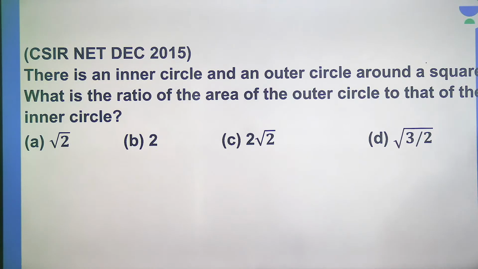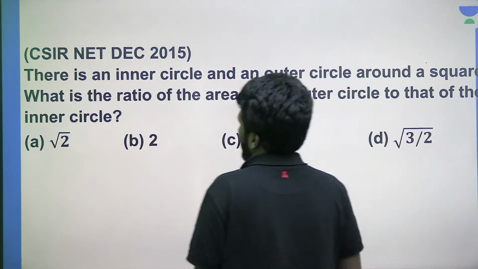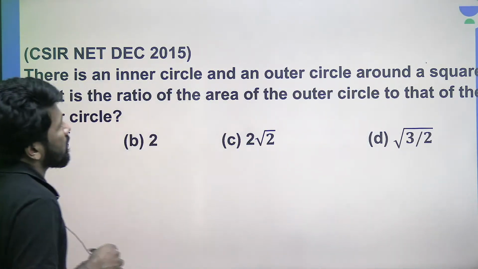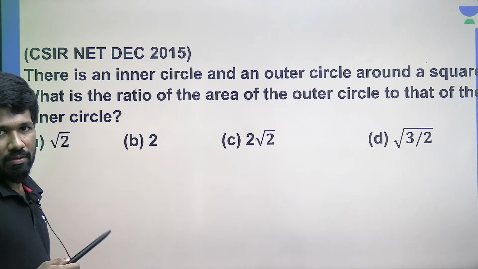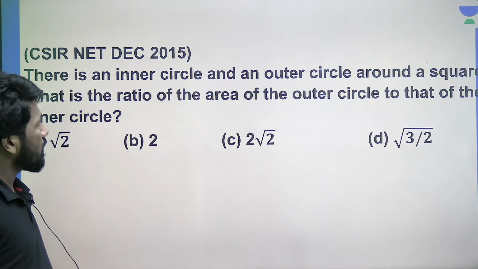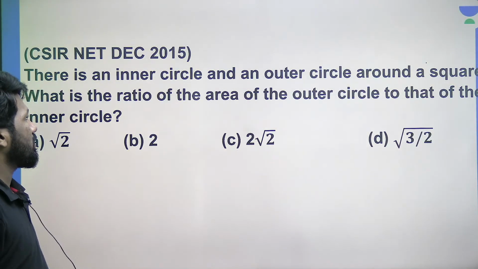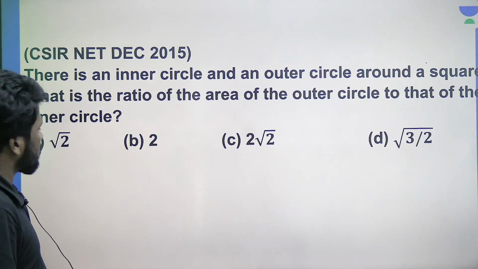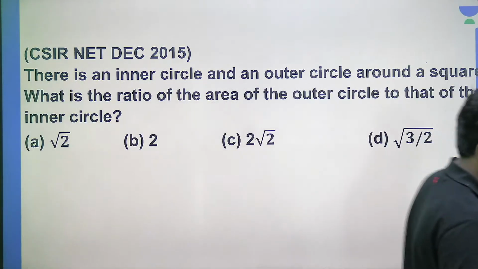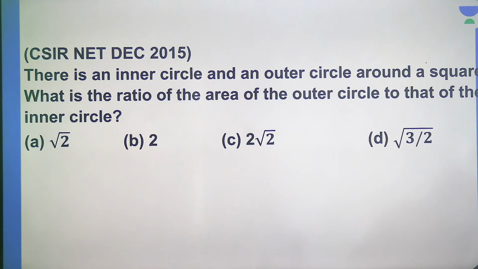Okay. So there is an inner circle and outer circle around a square. So inner circle and outer circle around a square means big circle, then a square, then a circle, just like the first question. So just a minute, I will use that same slide itself, then it will be easy to understand.